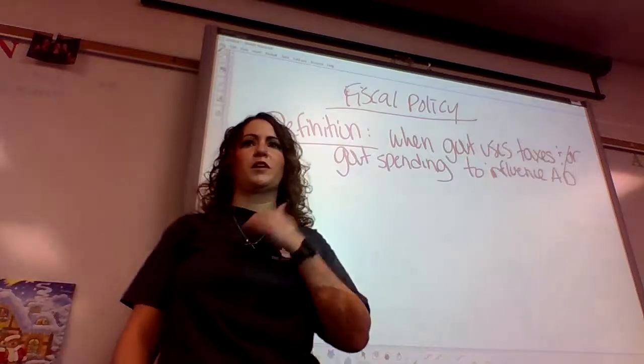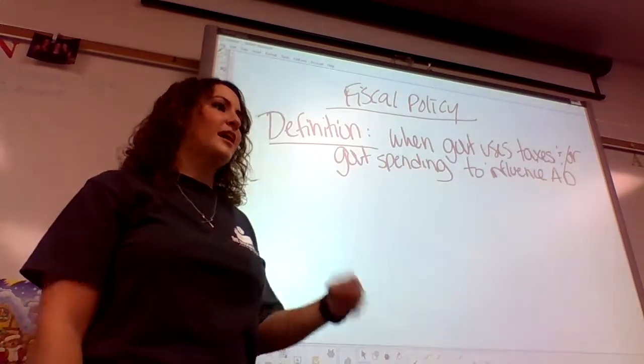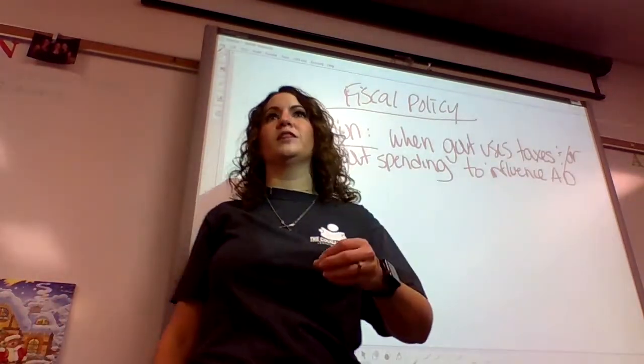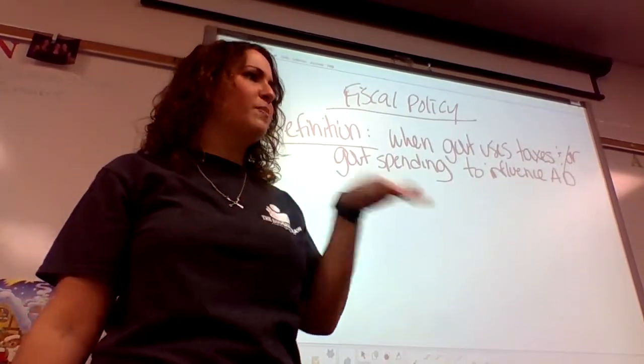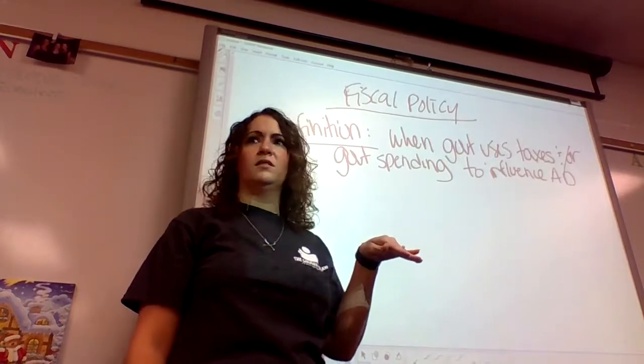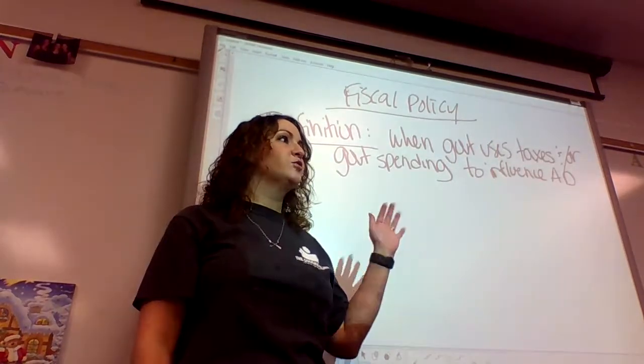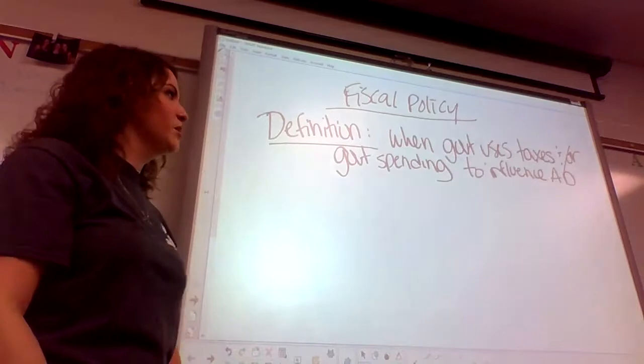Because government spending is a direct shifter of aggregate demand, and changing taxes would directly change our disposable income, and that changed how much money we have to spend.